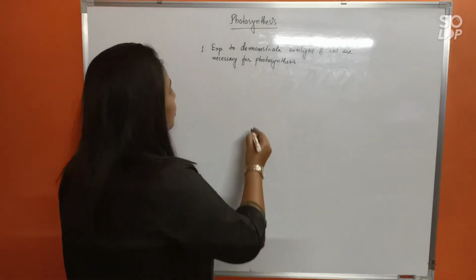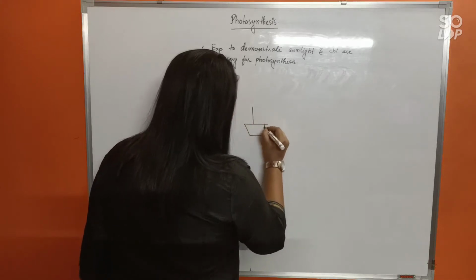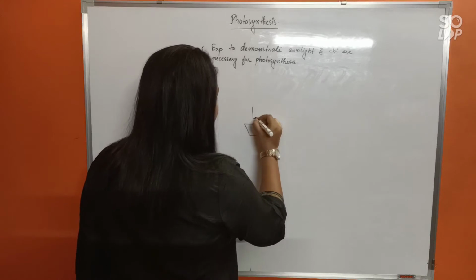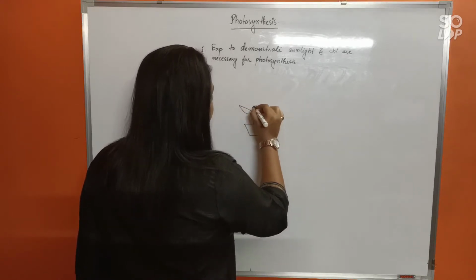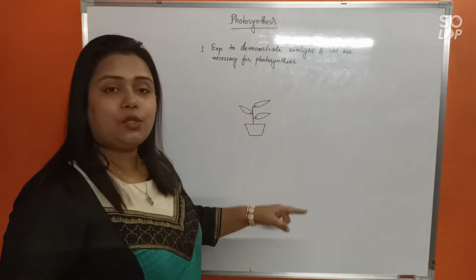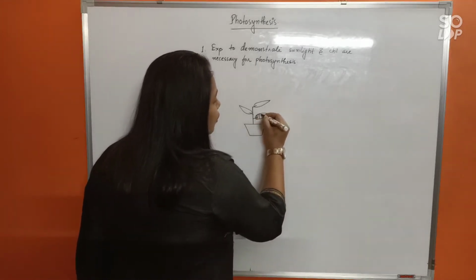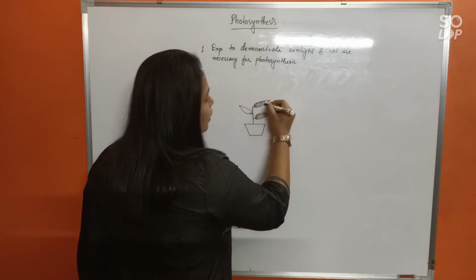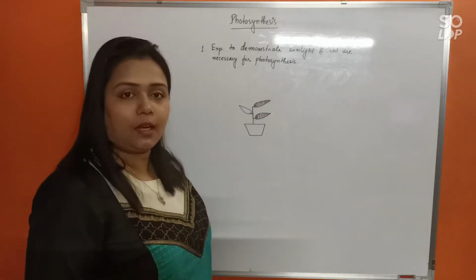Alright, so we take a potted plant which is de-starched, and before we expose it to sunlight, we would wrap a few of its leaves with black paper so that those leaves will not be able to access sunlight.